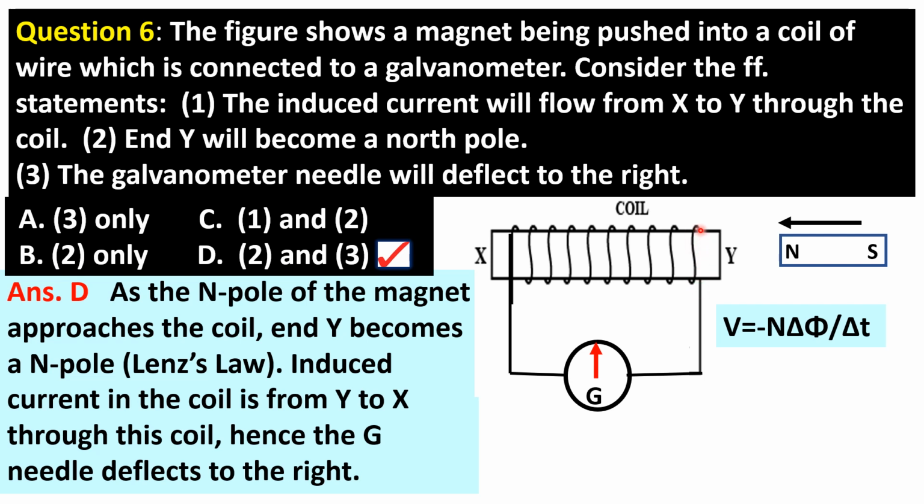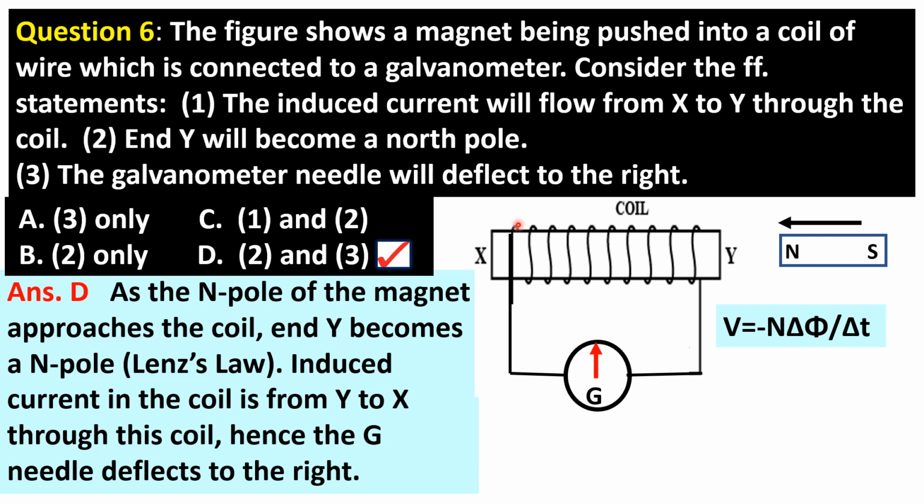So you can imagine that the curling of your forefingers represents the induced current. Hence, at this particular part of the coil, the current is moving down.